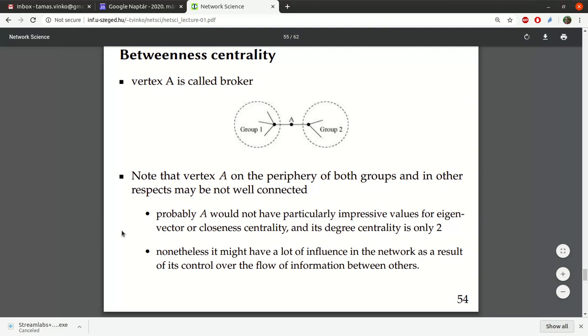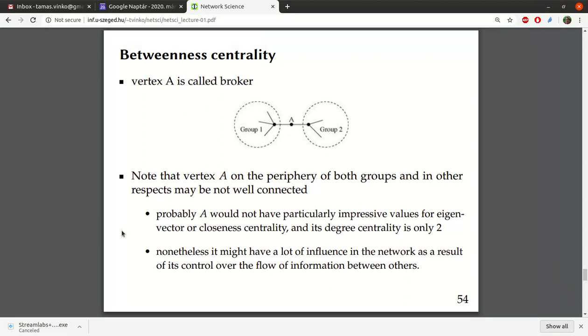In other centrality measures, this node A would not be very special because it's somehow on the periphery of these groups.